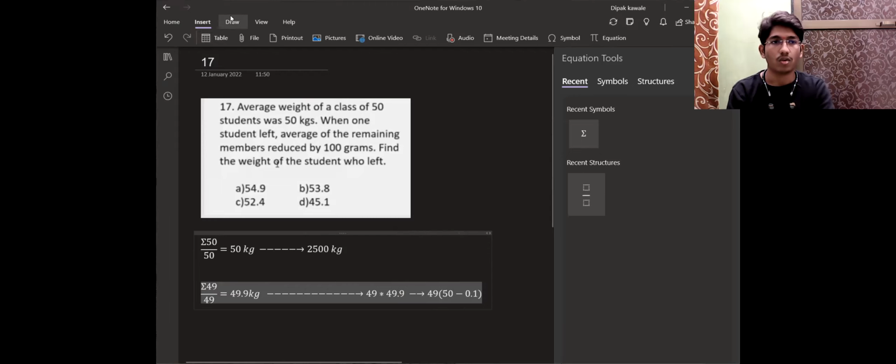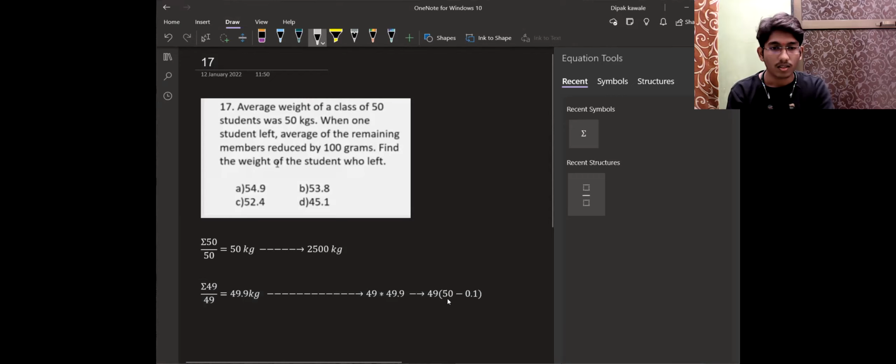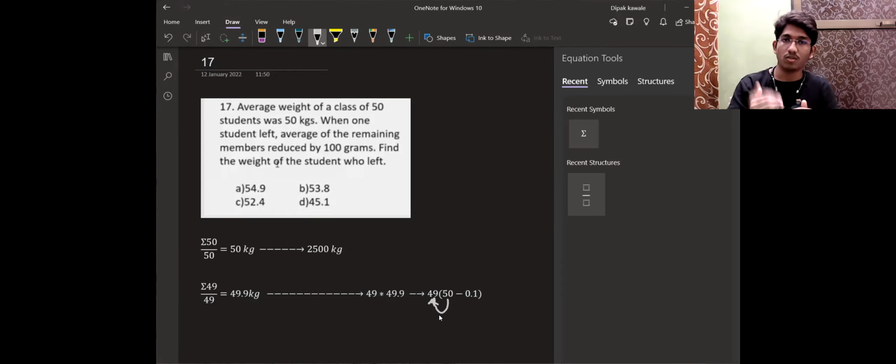Okay, so what we will do now, multiply this 50 into 49. Okay, to make it simpler, just check 50 into 50. Sorry, 50 into 50 is 2500. Reduce one more 50, that means 49. Okay, so if we reduce 2500 minus one more 50, it will become 2450.